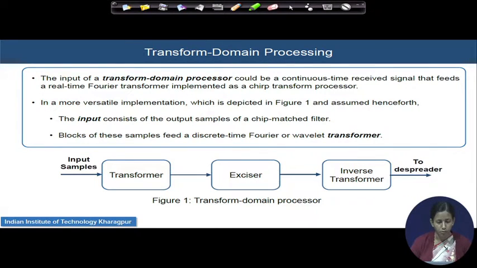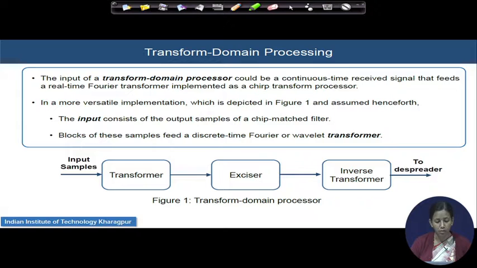Transform domain processing involves a transformer or a transform domain processor. I hope you remember that this processing block in the receiver comes in between the matched filter and the despreading unit.